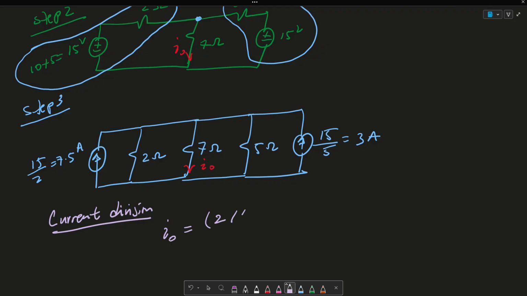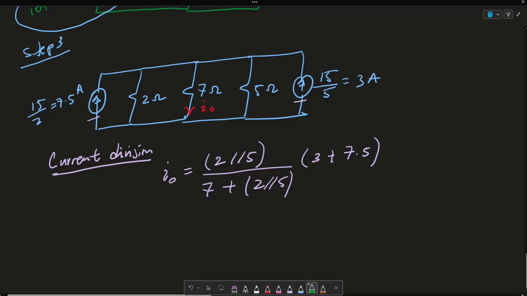So this is going to be 2 in parallel with 5 over the resistor that it is flowing through plus the resistor that it's not flowing through. So 2 parallel with 5. And obviously, since my current sources are in parallel, I'm going to combine 3 plus 7.5.